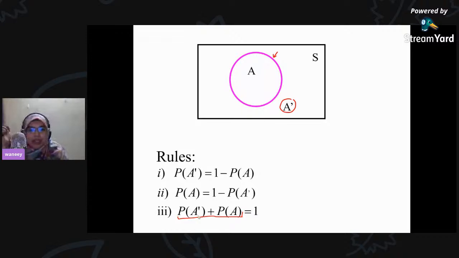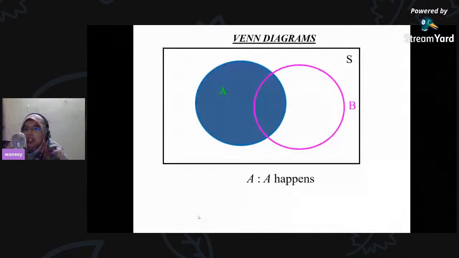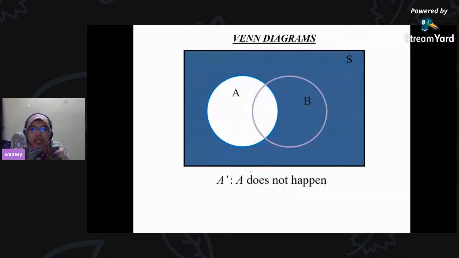Okay, next. Now let us learn how to read the Venn diagram. We have event A and event B. If this is the shaded region, it simply means that A happened. A complement means A does not happen, so other than A, everything else you shade.